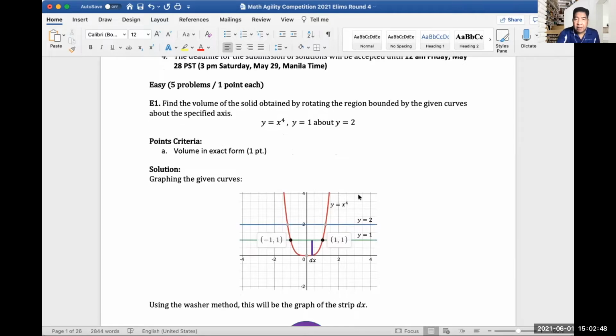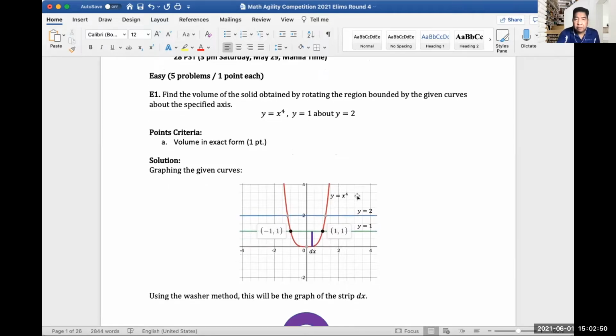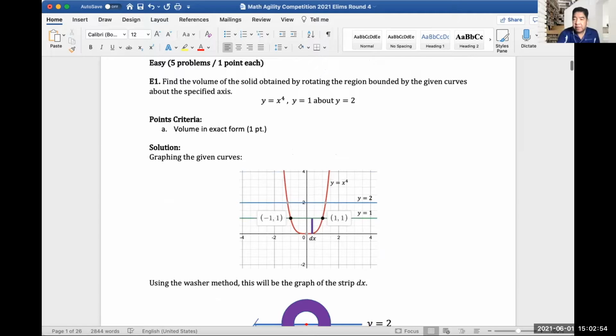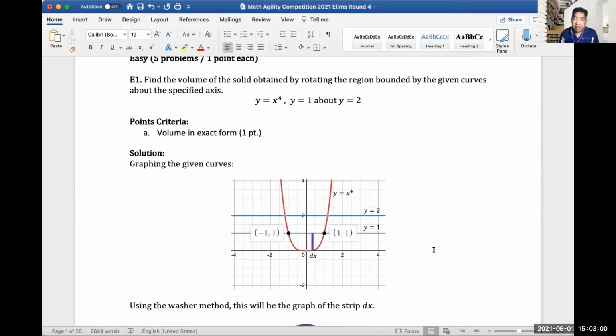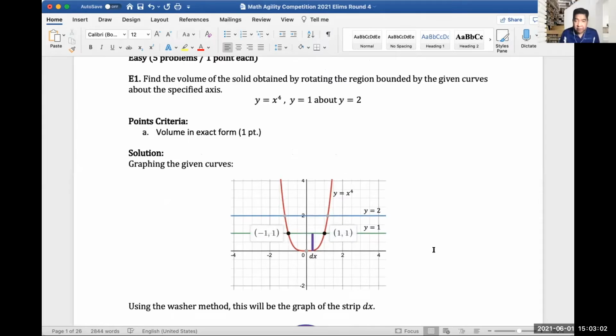So first thing first, we need to graph all of the curves and the boundaries. I use Desmos in graphing this. So the red curve would be y equals x to the fourth. And this would be y equals 2, where we need to rotate the curve.